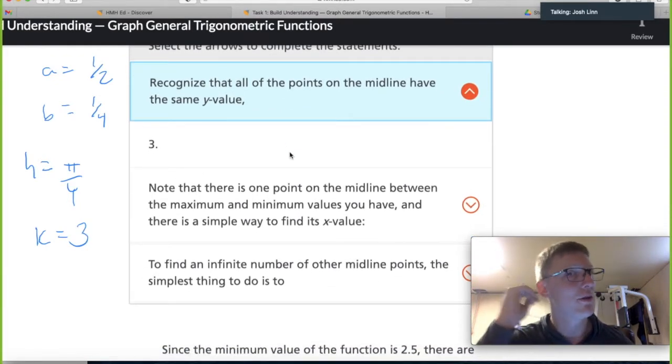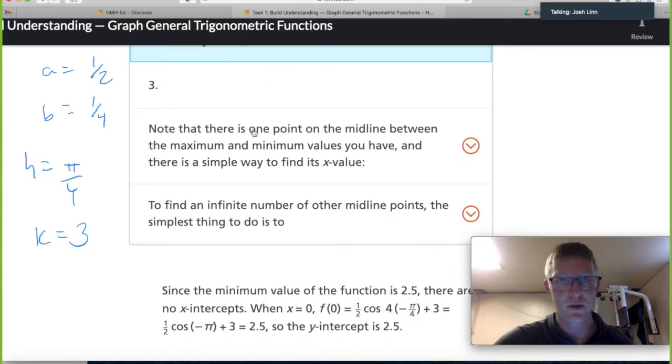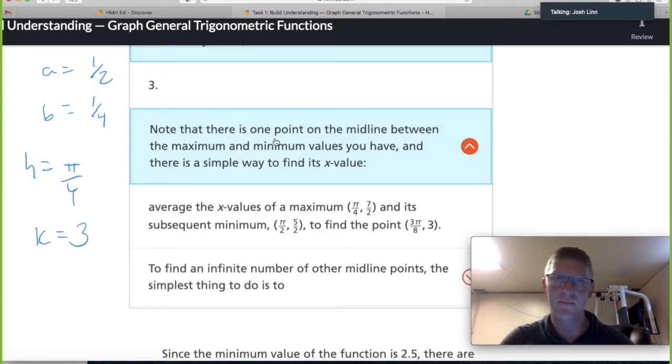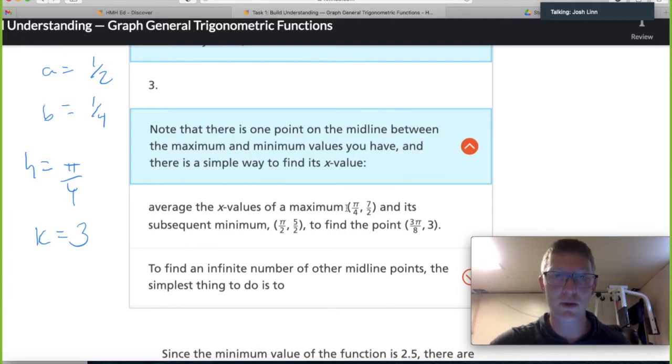Recognize that all the points on the midline have the same y value, in this case y equals 3. Note that there is one point on the midline between the maximum and minimum values, and there is a simple way to find its x value. Average the x values of the maximum and the subsequent minimum to find the point. Because this graph is regular, you can just find halfway in between these two points, and that's going to be where it crosses the midline.